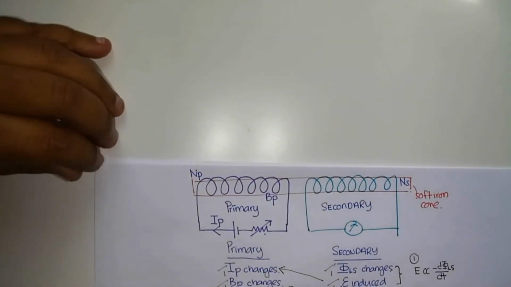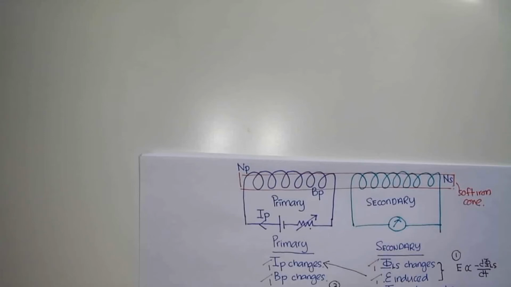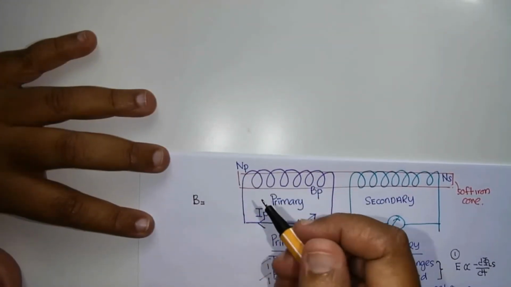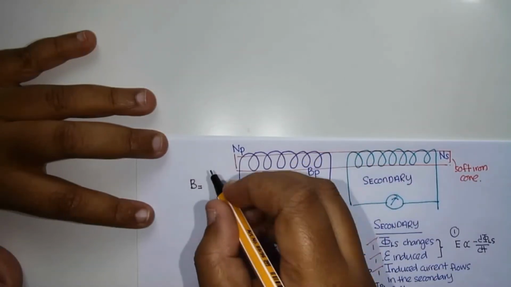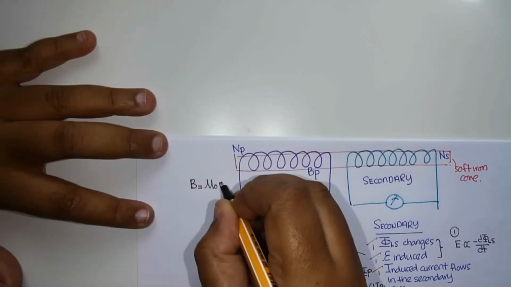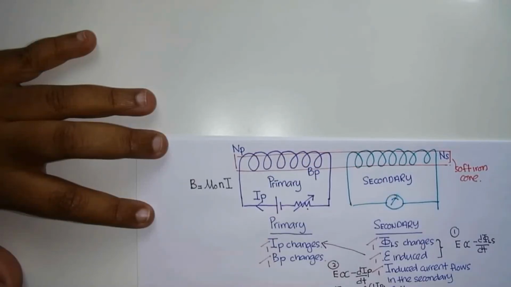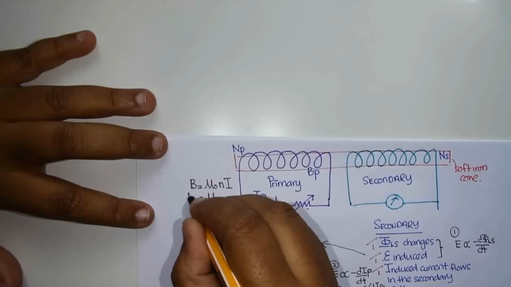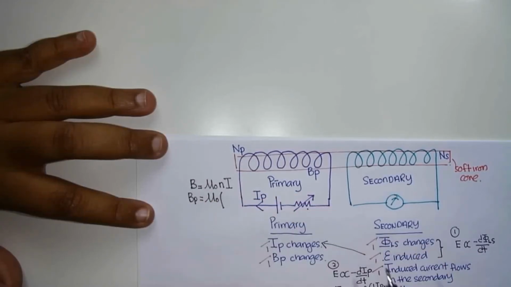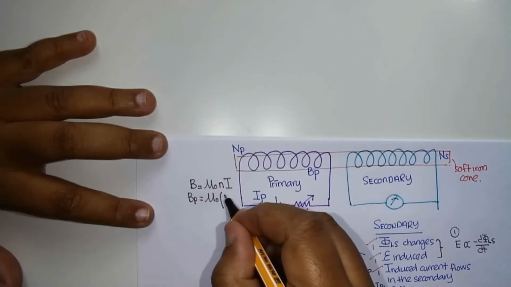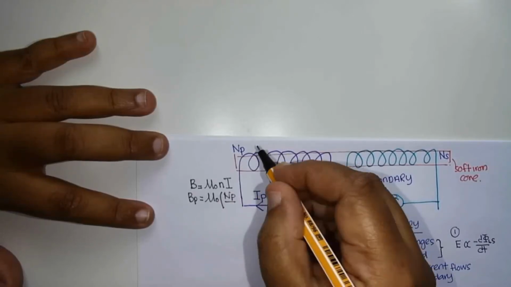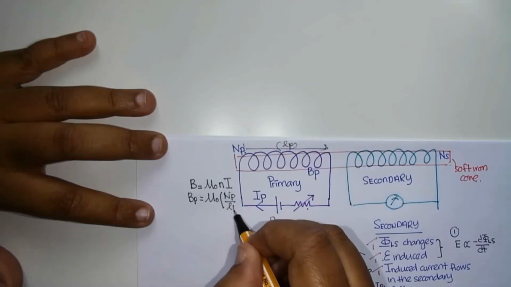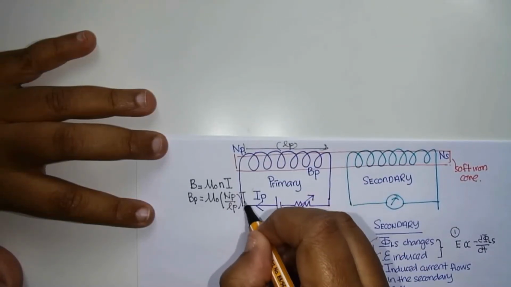Let's look at this. The basic formula for a solenoid for magnetic field strength is B equals mu naught N I, which is at the center of the solenoid, correct? So mu naught, which is BP, N is the number of turns per unit length, so it is NP per length, which is LP, times the current here, which is IP.